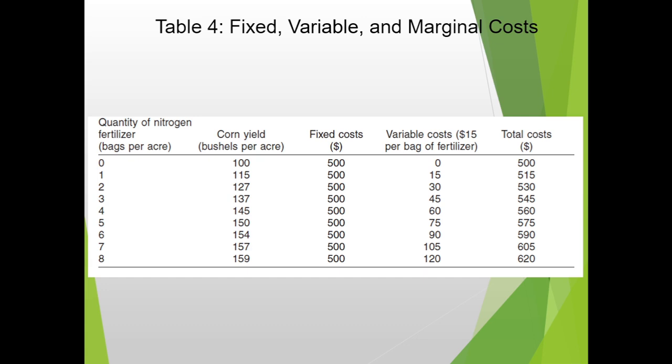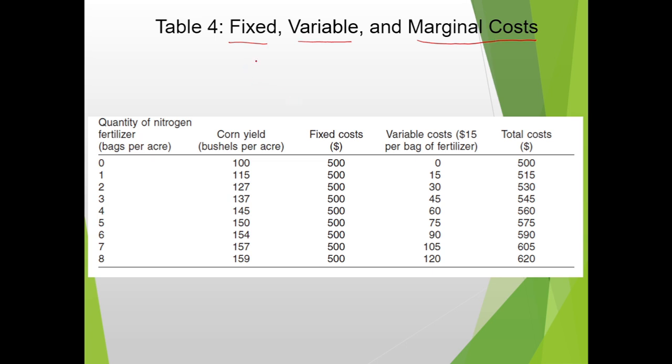Now, when we talk about cost in economics, we are usually using three terminologies related to cost. First one is the fixed cost, second one is the variable cost, and third is the marginal cost.